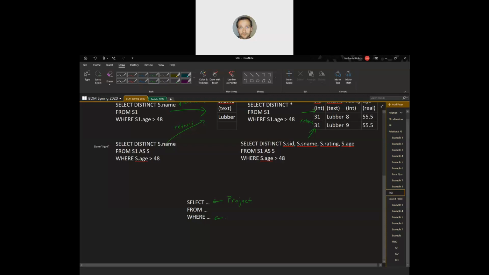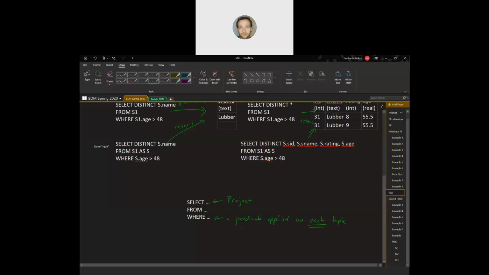This is a predicate applied on each tuple.